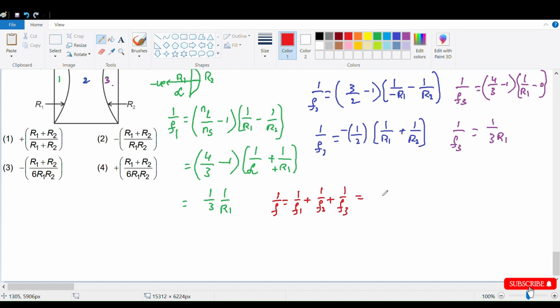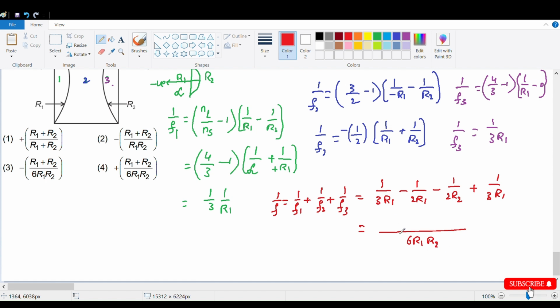By substituting 1 by f1 is 1 by 3 R1, 1 by f2 is this, minus multiply 1 by 2 R2 plus 1 by 3 R1. Take the LCM, LCM is 6 R1 R2.